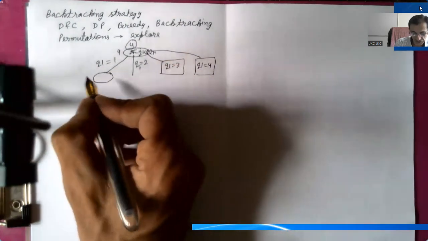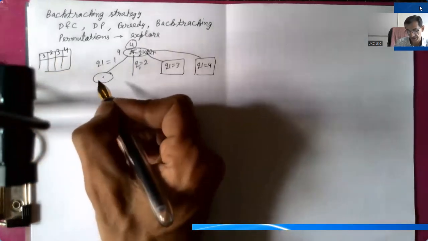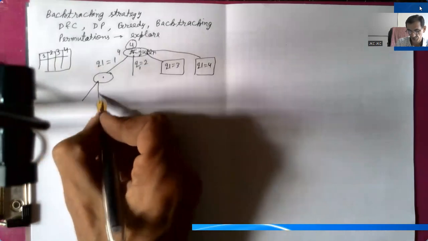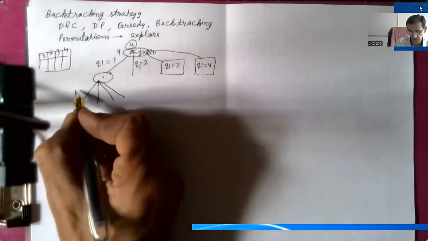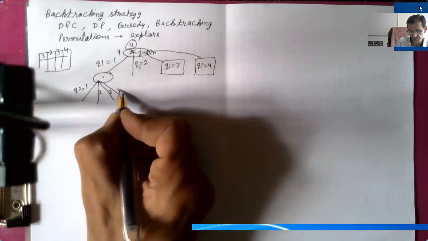Position 1 meant that within this, I have this 1, 2, 3. So this is position 1, this is position 2, position 3, and position 4. If I placed Q1 here, further I had 4 choices for Q2. Q2 can be placed at 1, 2, 3, 4.